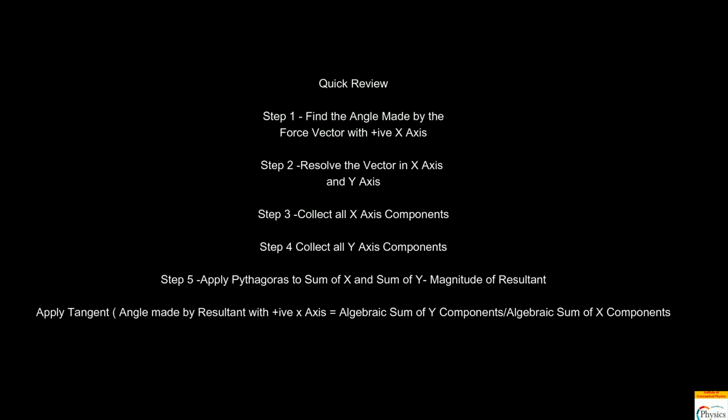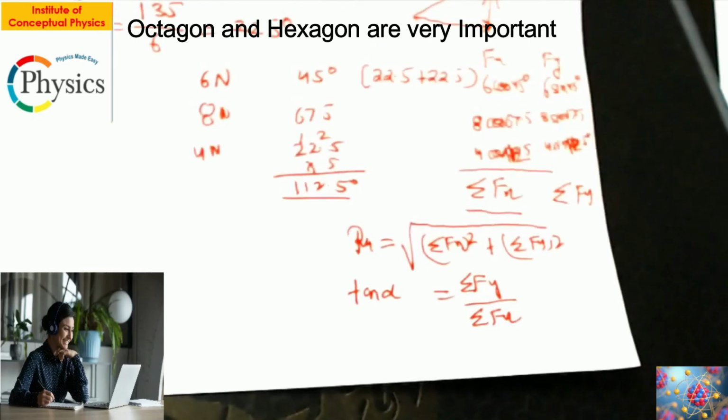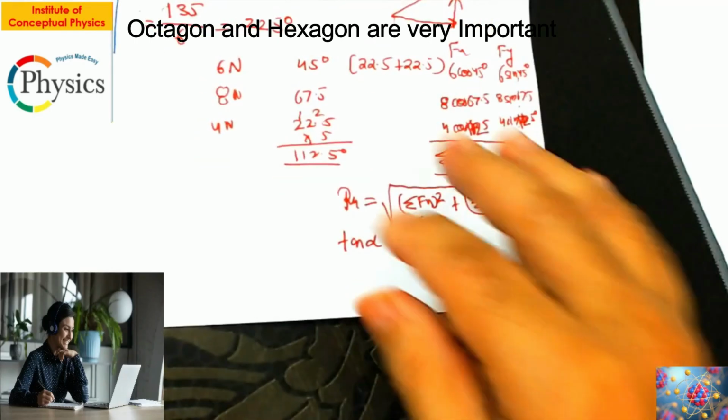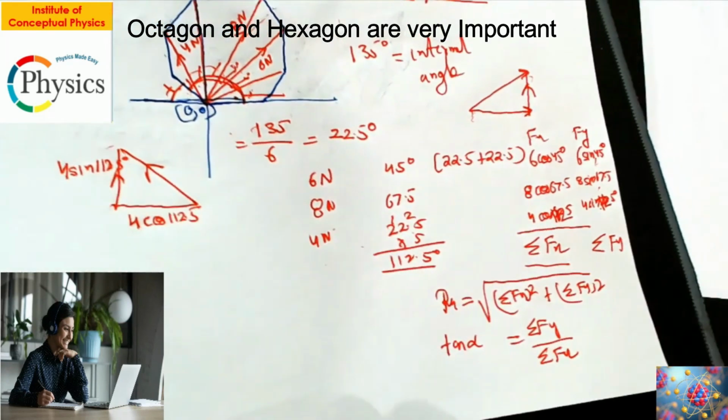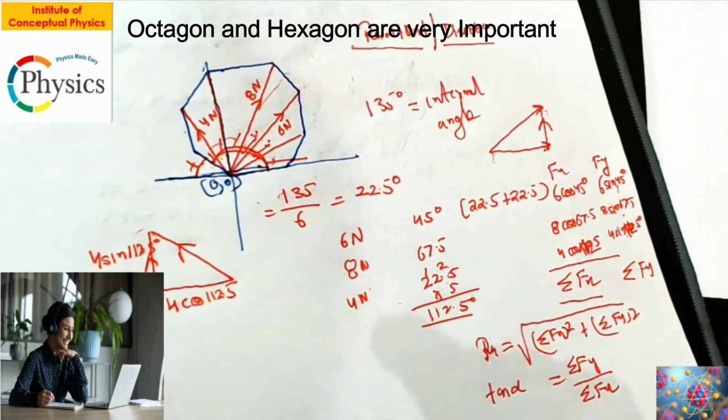This was a complicated problem because it had an octagon, and I will talk a bit about the octagon. It's a very, very important figure. You can potentially get stuck in an octagon. What's special about the octagon? If you don't have sufficient knowledge of the octagon, you may get stuck.